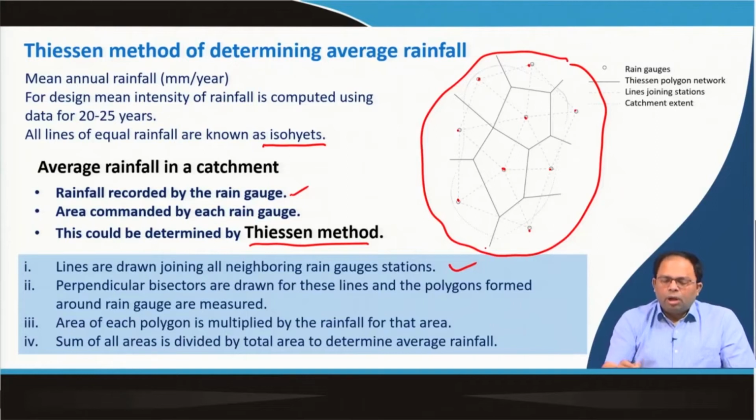Step 2 is we draw perpendicular bisectors. For example, this is the line that has been joined between these two stations, and then we draw a perpendicular bisector for this particular line. And if I do this between these 2 points like this, and between these 2 points like this, and similarly between these 2 points like this, we end up with a polygon.